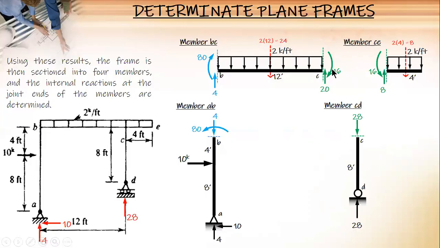So, na-cancel siya, no? Clockwise og counter. So, 0 ang moment. And to check for member CD, okay, no? Check siya, kay we only have 2 forces man. So, our analysis is correct. So, unsa buhaton, if there's an overhang, i-analyze una ang overhang, before ka mo proceed to last member.